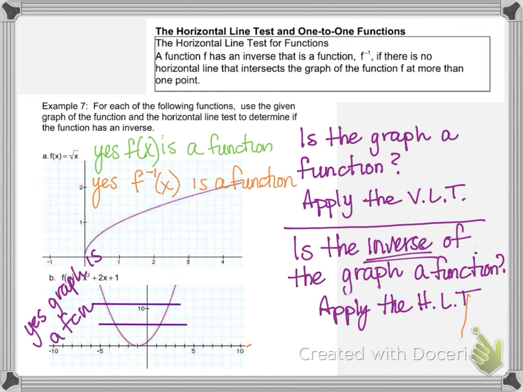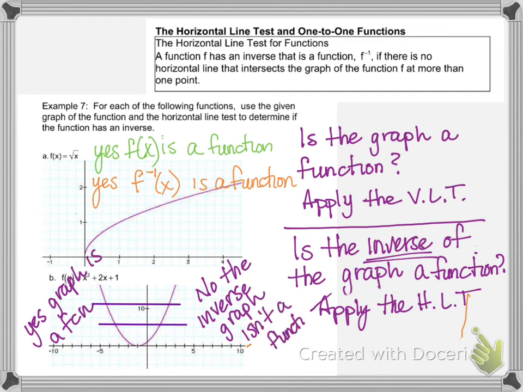So what does the horizontal line test answer? You would say no, the inverse graph isn't a function. Okay. So those are the two tests.